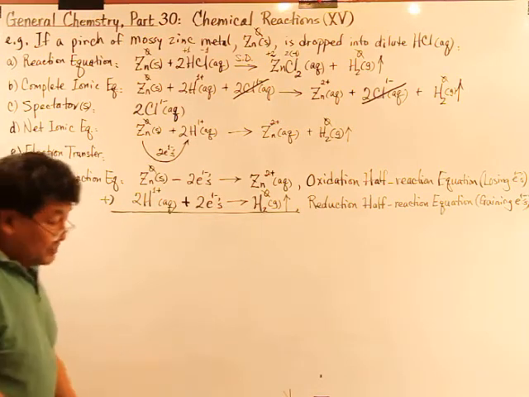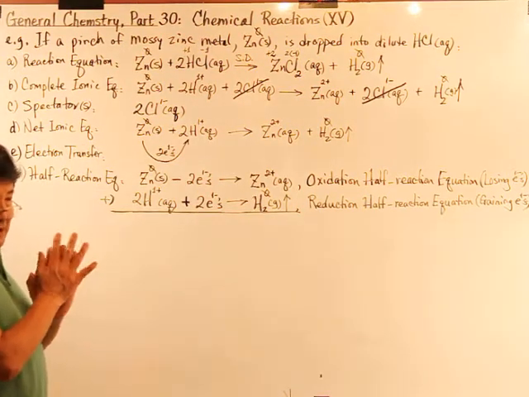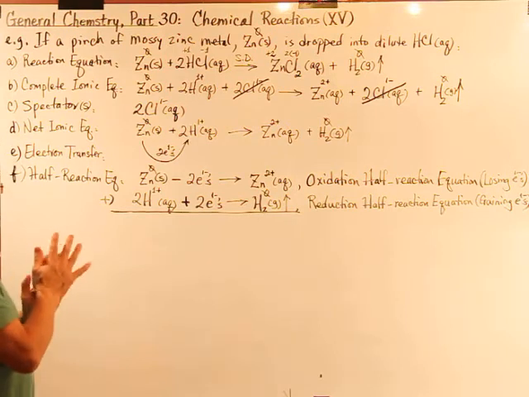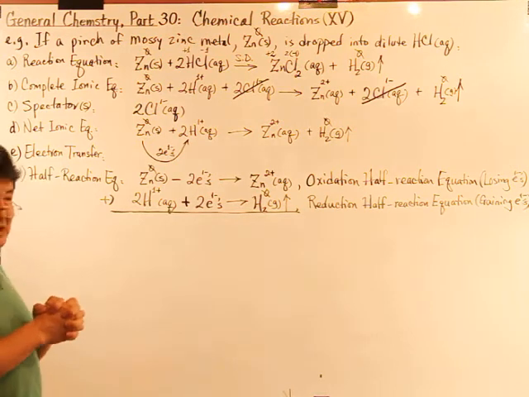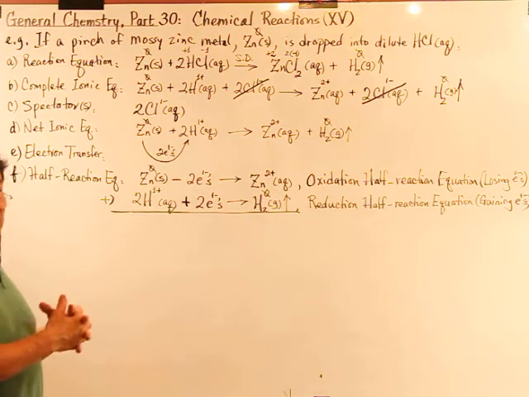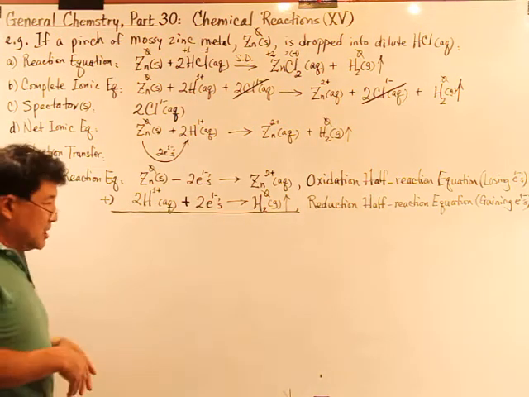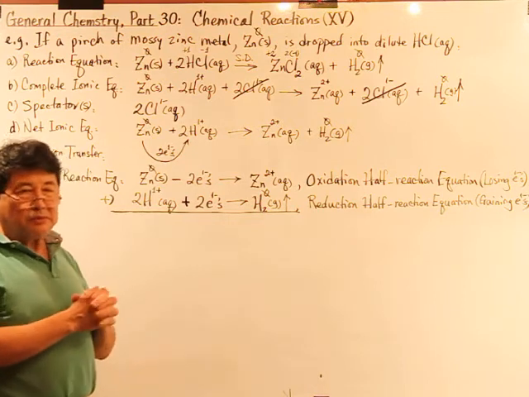There is electron transfer involved in that problem because the hydrogen atom in the hydrochloric acid is +1 as its oxidation state, but when it comes out with another hydrogen atom as a diatomic molecule, the oxidation state for both hydrogen atoms becomes 0.